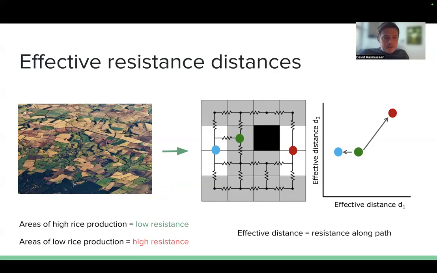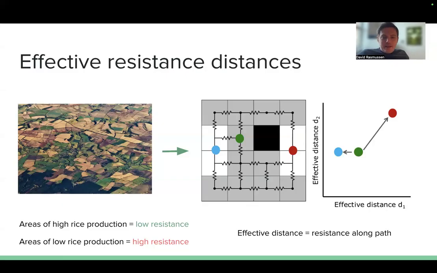So what they did is they looked at complex landscapes like this, where there's rice production, but it's broken up by many other pieces of land where there's no rice production, and they tried to quantify how connected the rice production systems were.